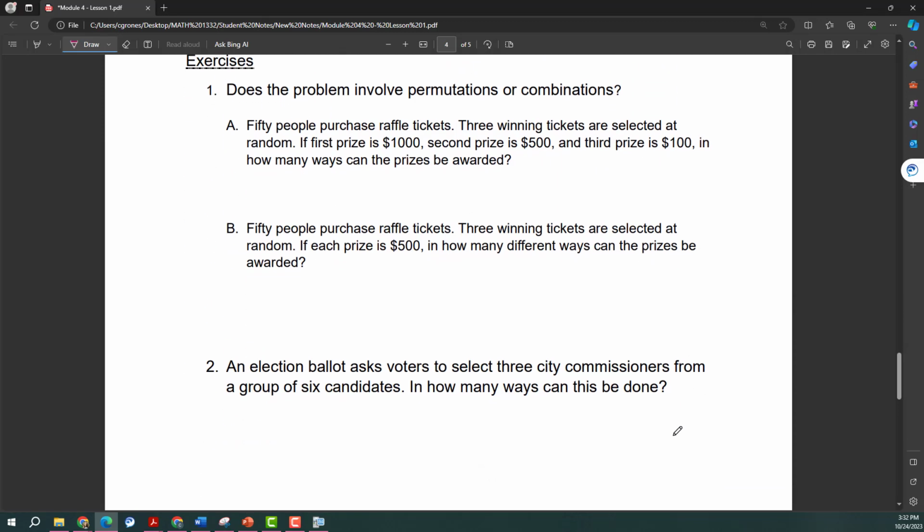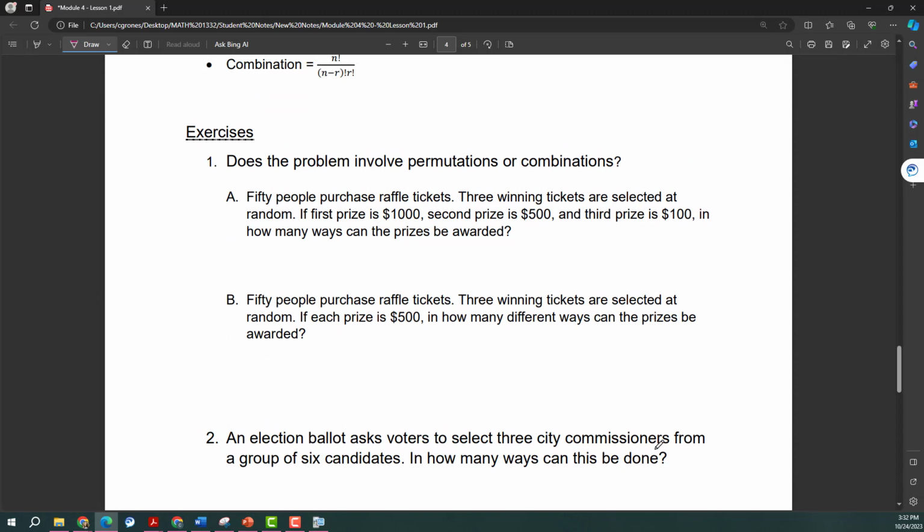So the first exercise, it's asking you, does the problem involve permutations or combinations? So we have both of these. There's 50 people that are purchasing raffle tickets, and we have 3 winning tickets that are selected. In A, it says that the first prize is 1,000, the second prize is 500, and the third prize is 100.